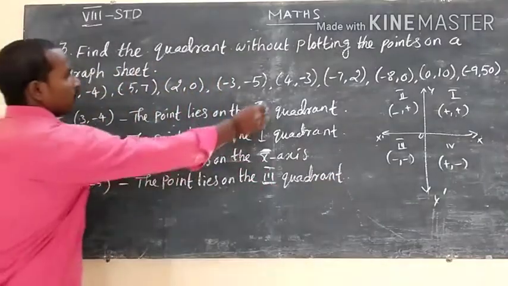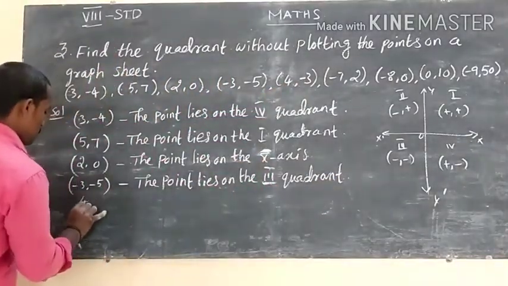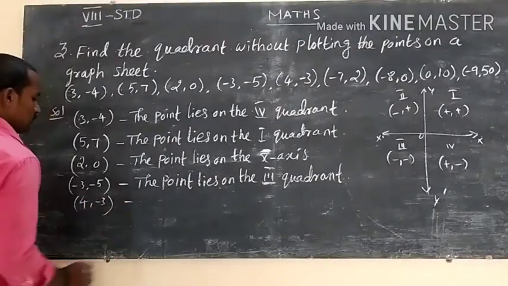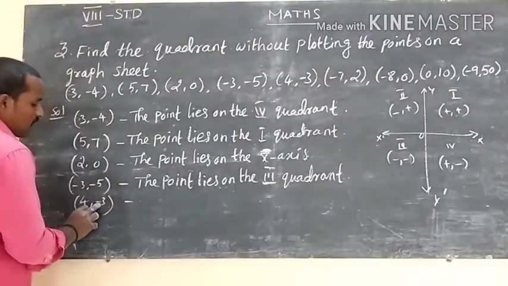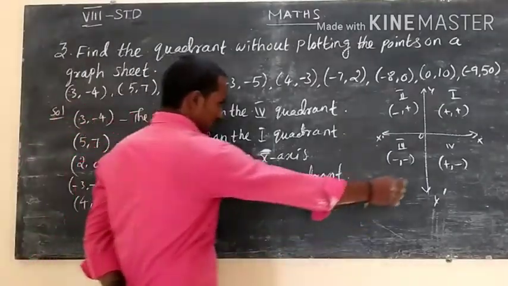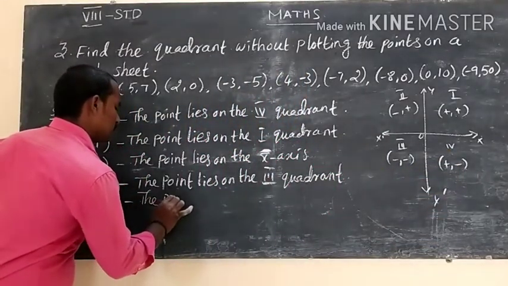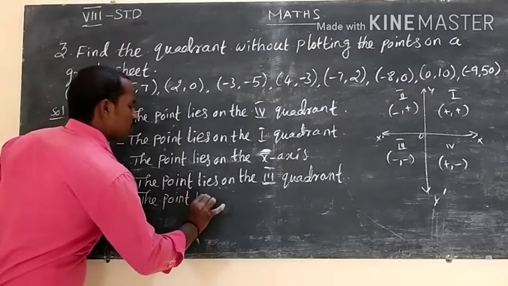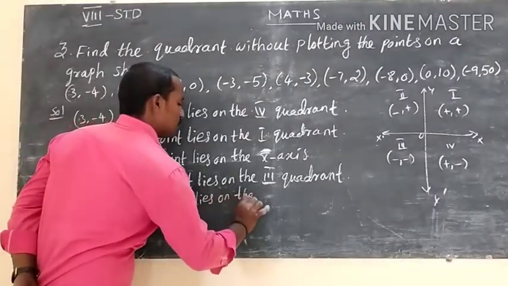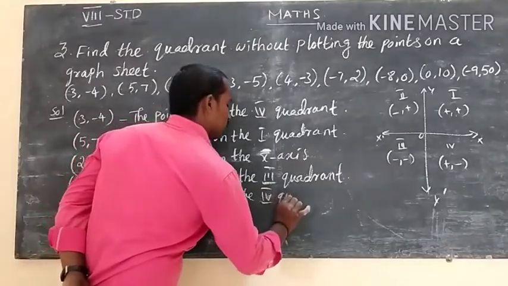Okay. Then (4, minus 3). These two numbers have plus comma minus. Plus comma minus is the fourth quadrant. The point lies in the fourth quadrant.